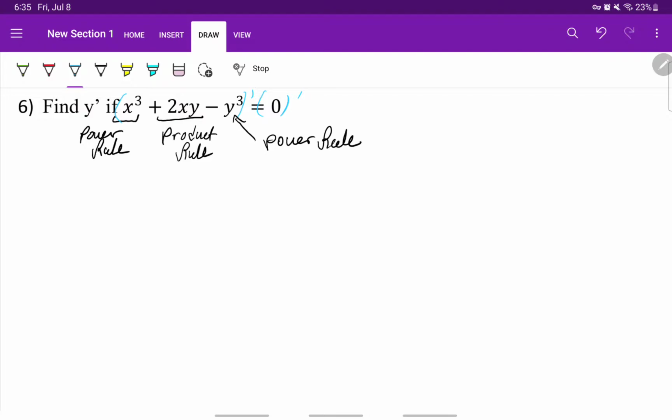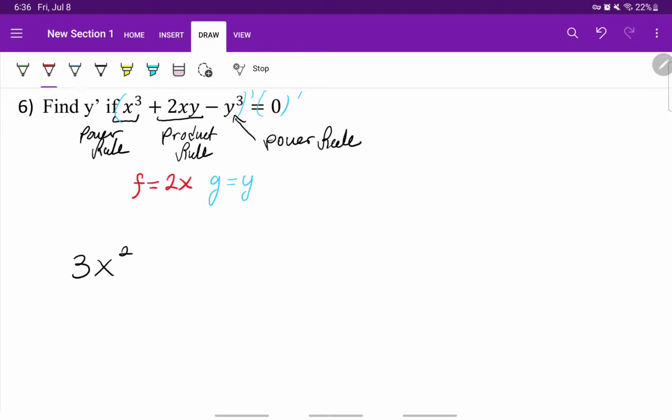Now, piece by piece, the derivative of x to the third, that's just 3x squared. Let's write that down here, 3x squared. For this term, I'm going to use the product rule. I'm going to say that f is equal to 2x and g is going to be equal to y.